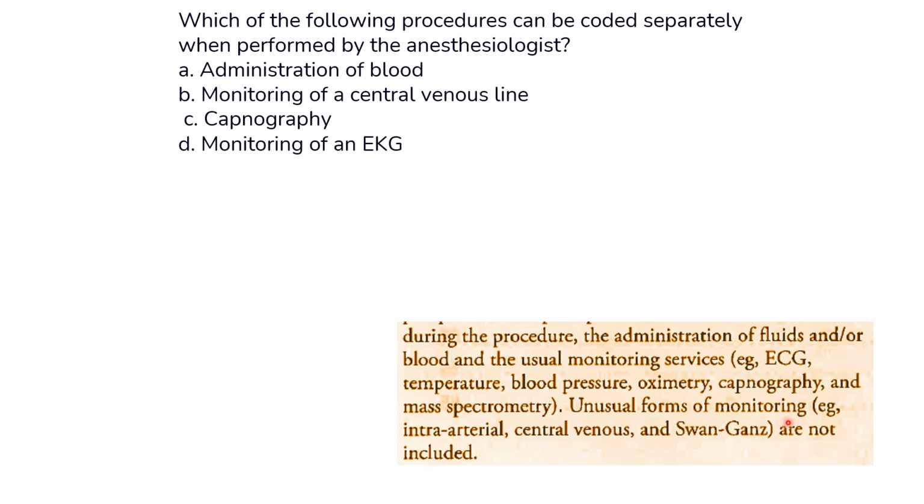Unusual forms of monitoring, that is intra-arterial, central venous, and Swan-Ganz, are not included. Our question is which of the following procedures can be coded separately. So the answer will be monitoring the central venous line, because it is given here. And that is the last question from this part.